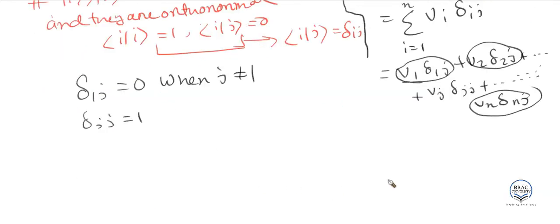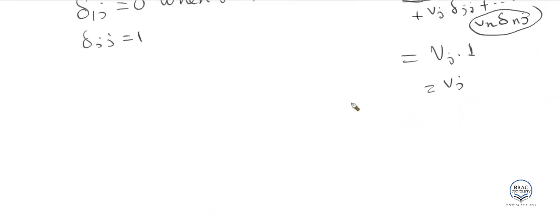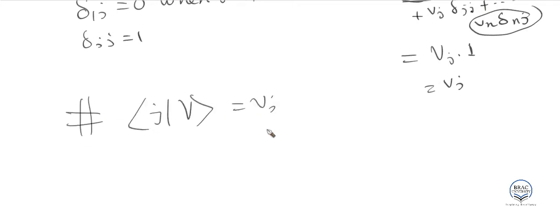So using these things, we finally have v_j times 1, which is just v_j. So this is the thing we wanted to evaluate, and finally we can write that the inner product of j with v is equal to v_j. This is how we can find the components of a vector.